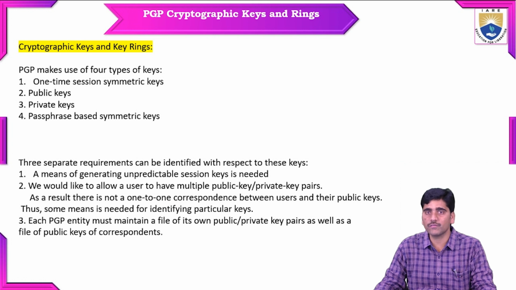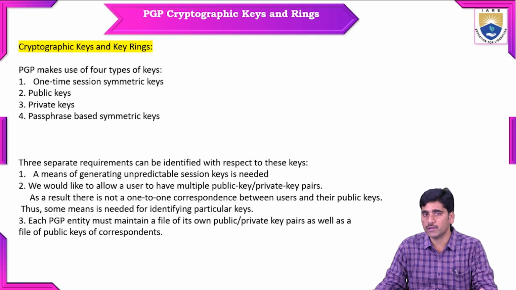The generation of the keys, that is session keys, public keys, private keys, all these keys are used for the encryption or decryption purpose. All these encryption and decryption mechanisms are applied with the help of cryptographic functions, which we discussed in the previous sessions.